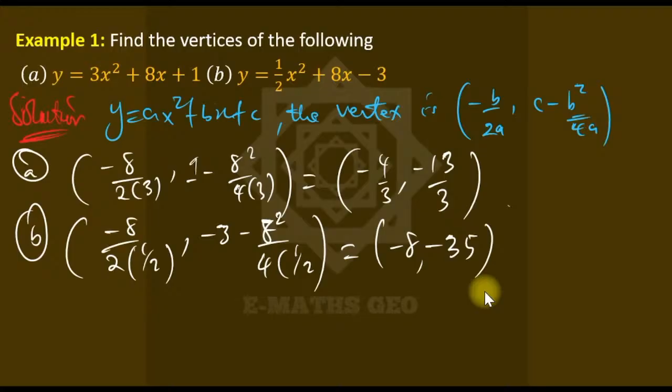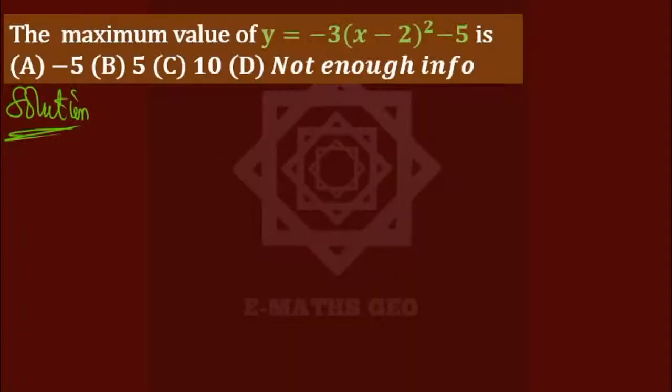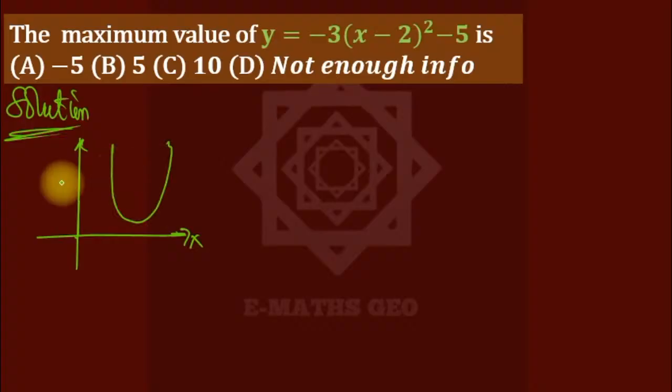So the same way now, if we are asked to find the maximum or the minimum, look at this question now. We have two forms of quadratic function: the one that is concave up or the one that is concave down.